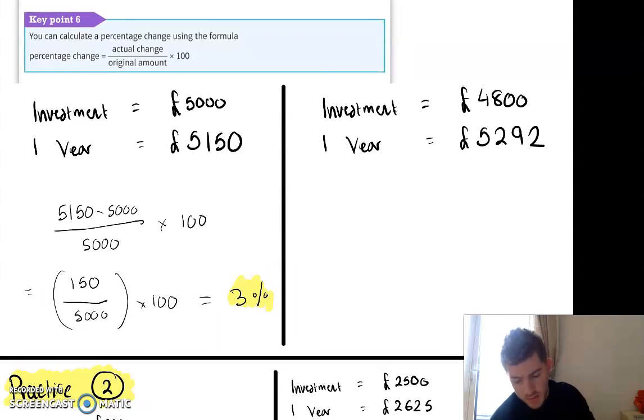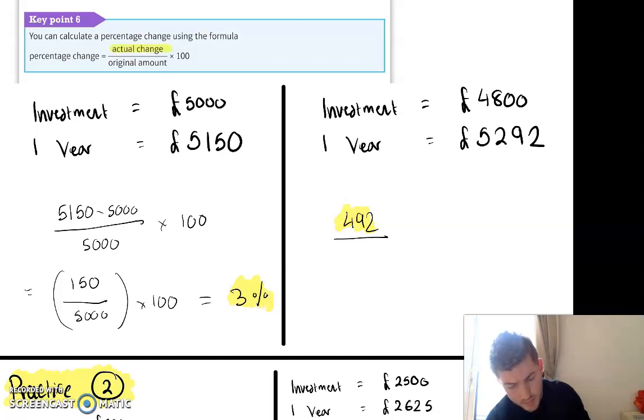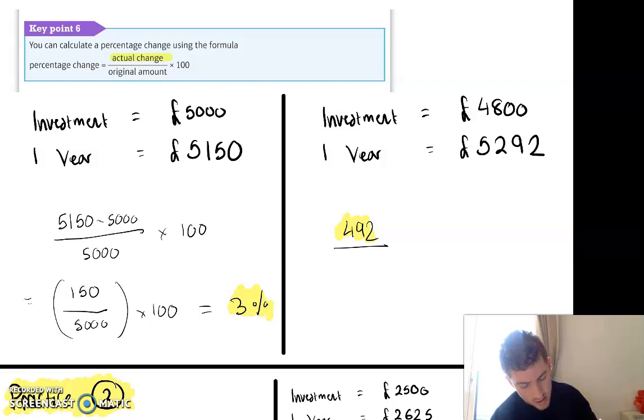We'll do one more. So after a year, 5,292, take away 4,800, your change is 492. There we are. I'm going to highlight that so you can see. Over your original amount. So original amount was 4,800. You can see here, original amount, original amount.